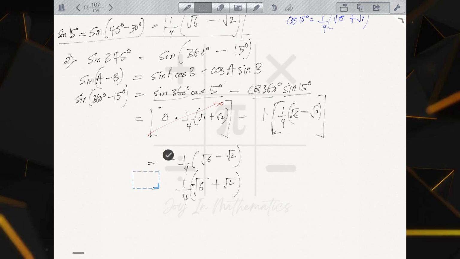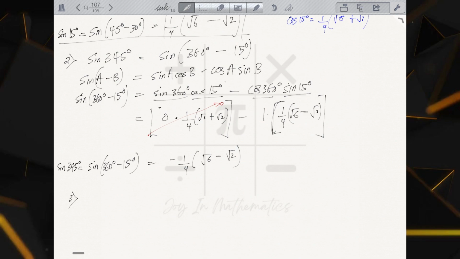But let's just leave the answer in this format to avoid any form of confusion. So now we have evaluated sine 360 degrees minus 15 degrees, which is equivalent to sine 345 degrees.